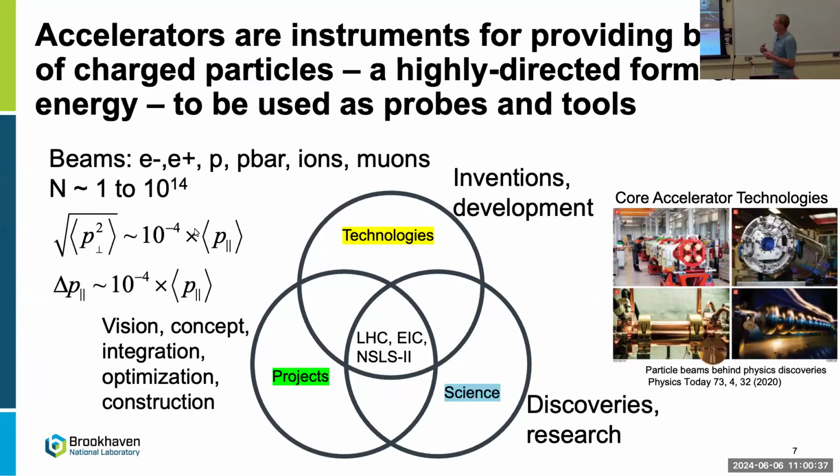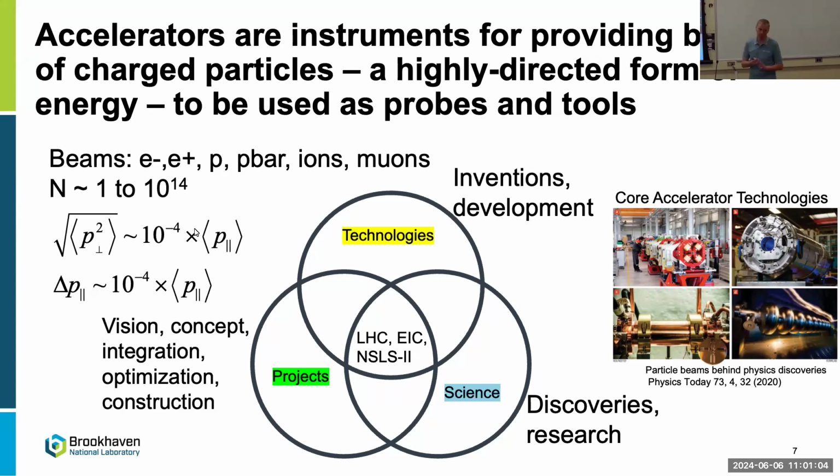Okay. So why accelerators are such interesting tools. And I think the reason is that the accelerators are really instruments for providing highly directed forms of energy. Okay, so this is an ensemble of particles, whether stable or unstable.